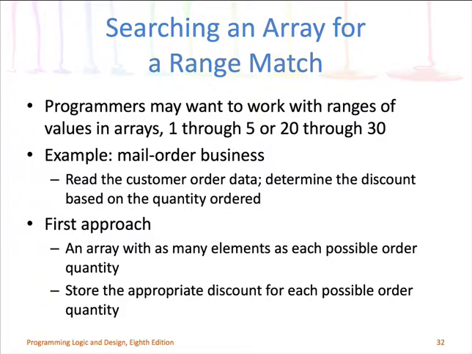Using the first example and the first bulleted point, if somebody is ordering 1 through 5 elements, they would get 0 discount. If they ordered 20 through 30, maybe they get a 25% discount. So basically what they want is to have ranges associated so that you can give a discount based on the quantity ordered, for example. Now then, what you could do is have an array and say index 1, 2, 3, 4, and 5 in the parallel array are all going to have the value 0 because there's no discount.